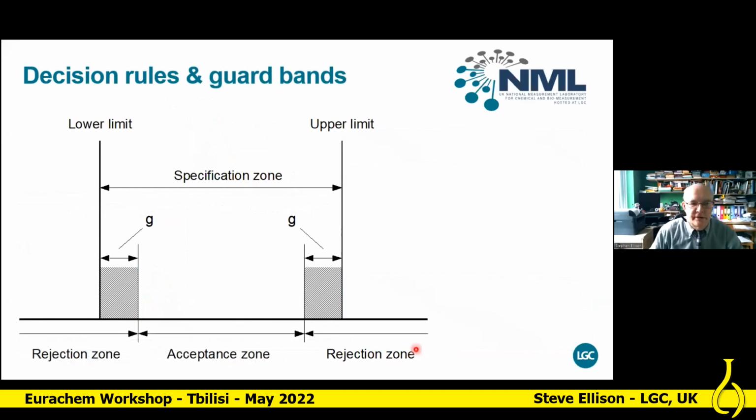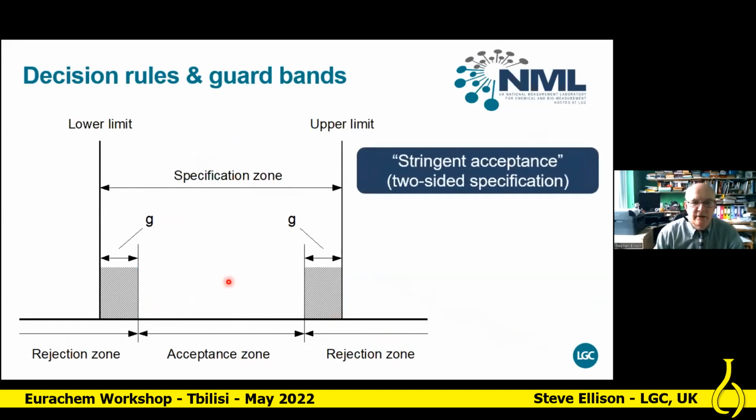So this is a stringent acceptance setup for a two-sided specification. And all it means is that we've got an upper and a lower limit, and we need our measurement result to be inside this region here. And that guard band is set using the measurement uncertainty. So that's usually set to approximately the expanded uncertainty.